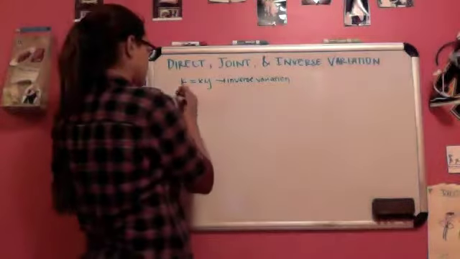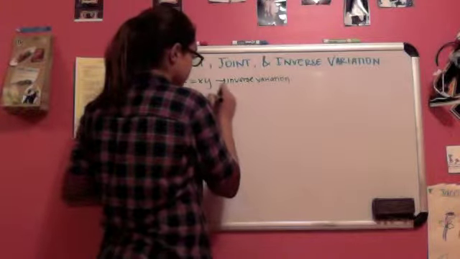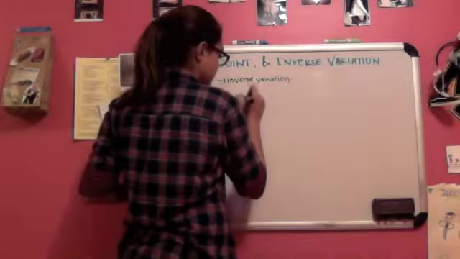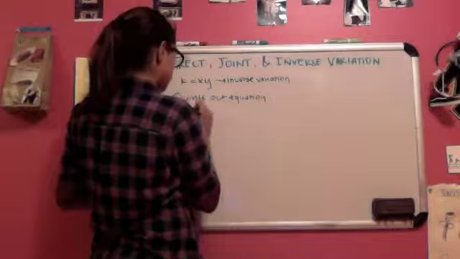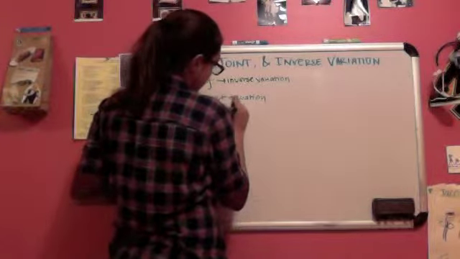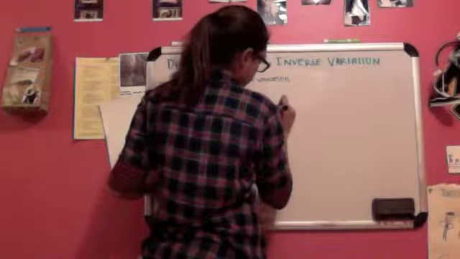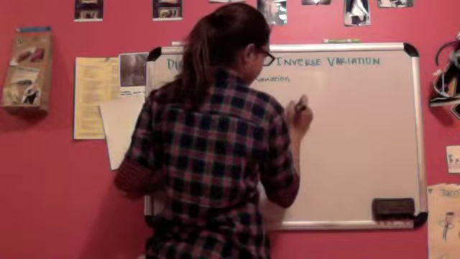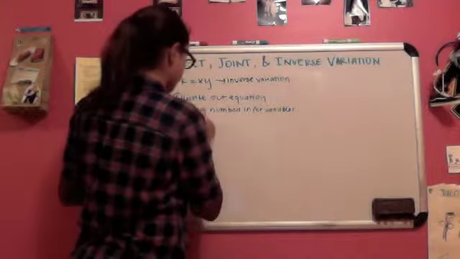So the first step is to write out the equation. The second step is to plug numbers in for variables. Thirdly, we have to solve for k.